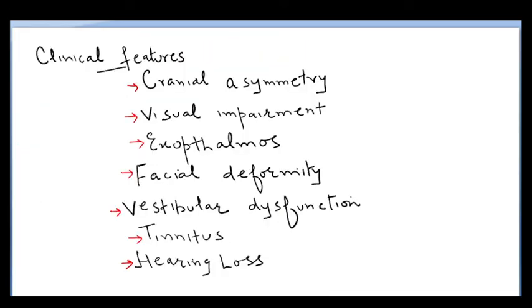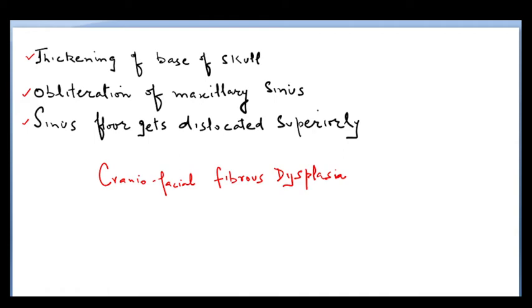Clinically, there is asymmetry, visual impairment, exophthalmos, facial deformity, vestibular dysfunction, and hearing loss. Overall, there is thickening of the base of the skull, obliteration of maxillary sinuses, and the orbital floor gets displaced superiorly.